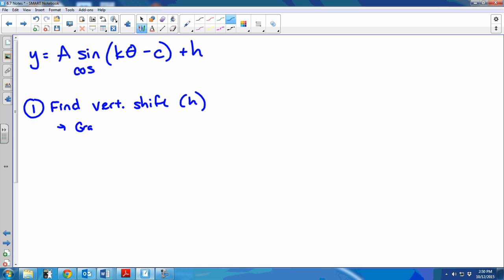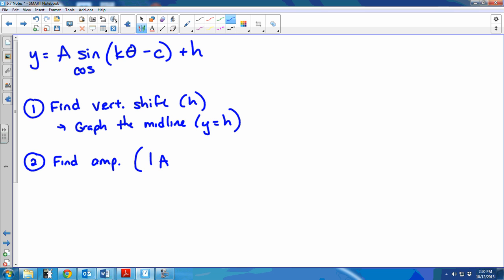And then we would graph the midline at y equals h. After that, we would find the amplitude, which was the absolute value of a. And then we would find the maximum and minimum values by taking h plus a and h minus a.